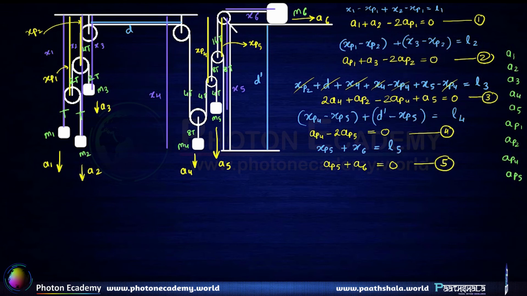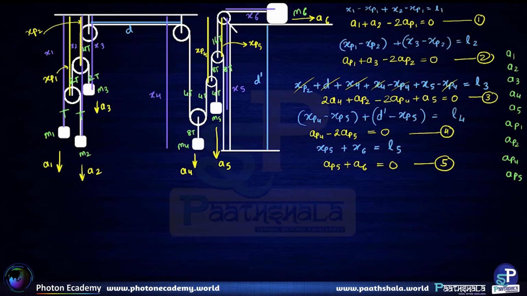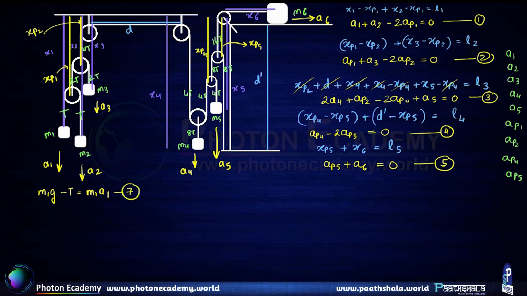For the mass M1, we may write down M1G minus T is equal to M1A1. So this is our equation number 7. For the mass M2, we may write down M2G minus T is equal to M2A2.